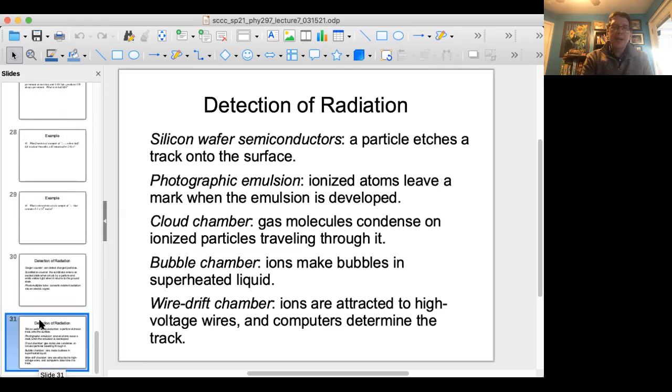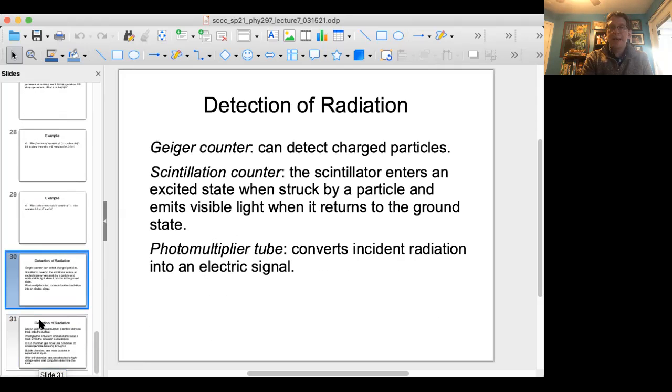And radiation can be detected a couple of different ways. The first detector used to detect radiation was called the Geiger counter. It could detect the emission of charged particles, so beta particles, for example. The scintillation counter: if a particle comes in, the scintillator enters an excited state and then emits visible light as it's going down.